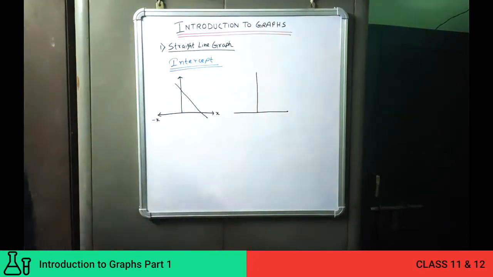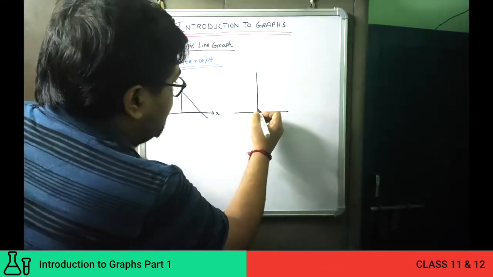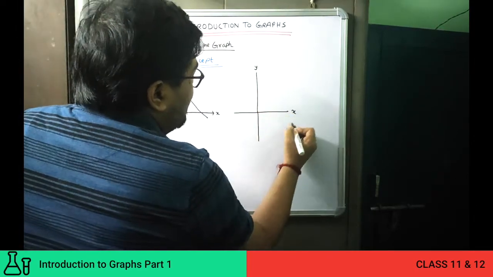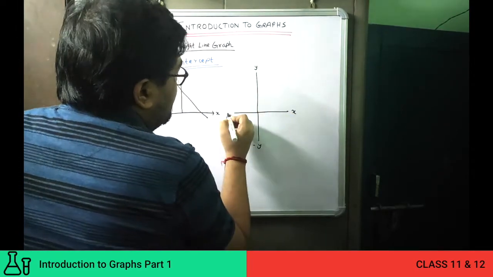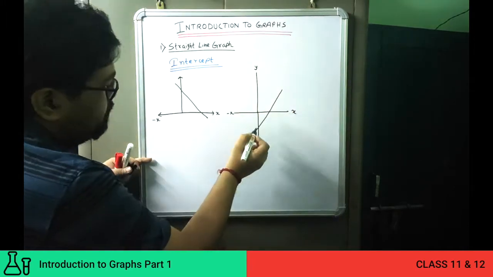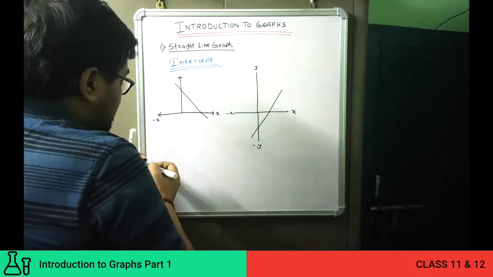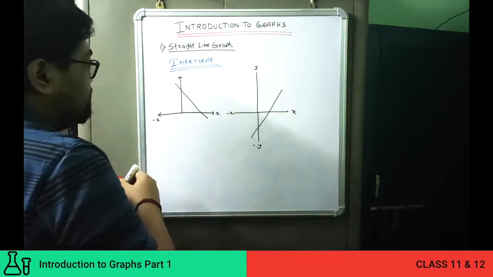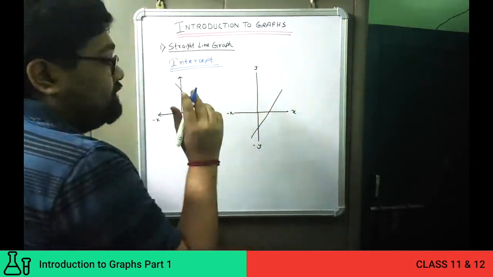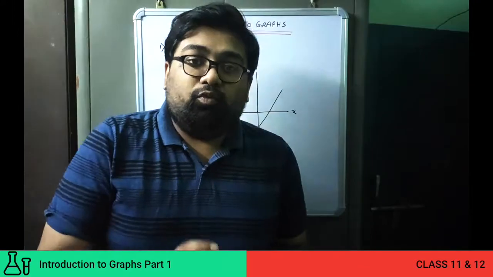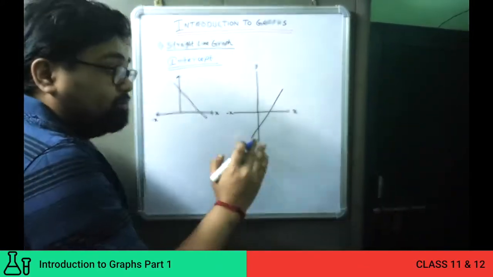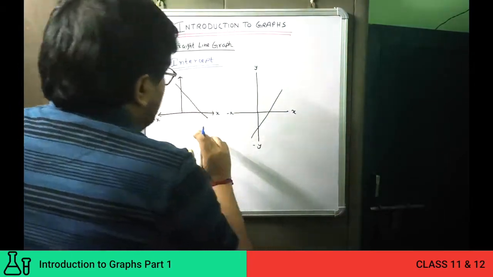Similarly, if I take this is y axis, this is x, this is minus y, and this is minus x. Okay. If I take these two axes, the line is passing through both x and y axis. So we will have to decide whether the line makes a positive or negative intercept with respect to both the axes. That means whether it is making a positive or a negative intercept with respect to x and y axis.